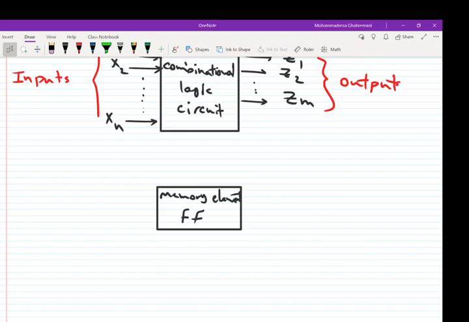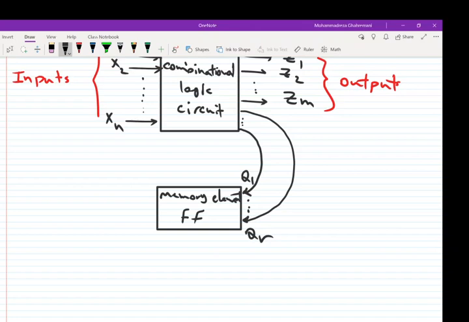So we can say Q1 up to QR. These are the signals going from the combinational part of the circuit to the memory element.